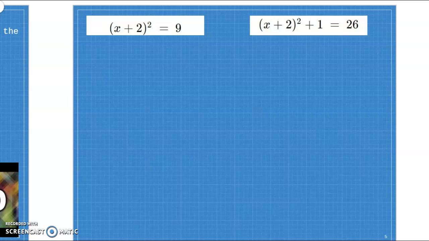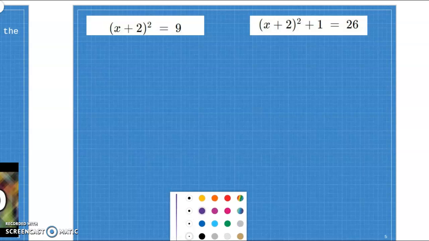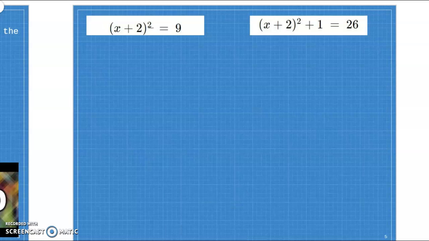So in order to undo a squared, this exponent of 2, I need to take the square root of each side. The reason I need to do that is because this squared right here needs to be undone. So like the opposite of subtraction is addition, or the opposite of multiplication is division.